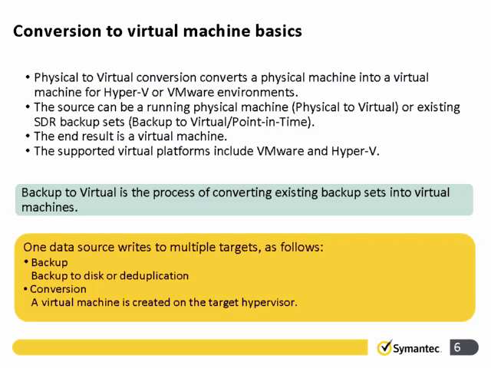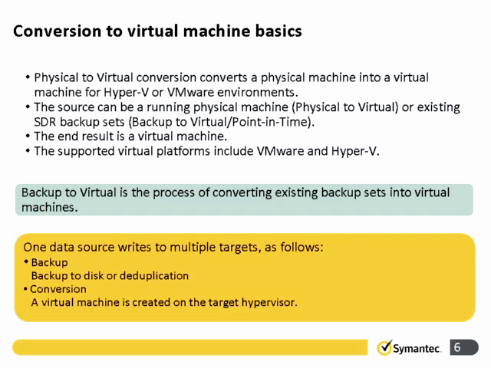To convert virtual machines, you must be running either Hyper-V or VMware. We can convert to a VHD file for Hyper-V or a VMDK file for VMware. The source has to be a running physical machine or an existing simplified disaster recovery backup set.